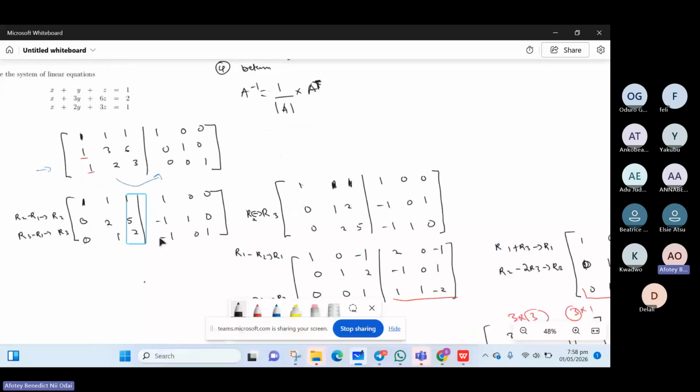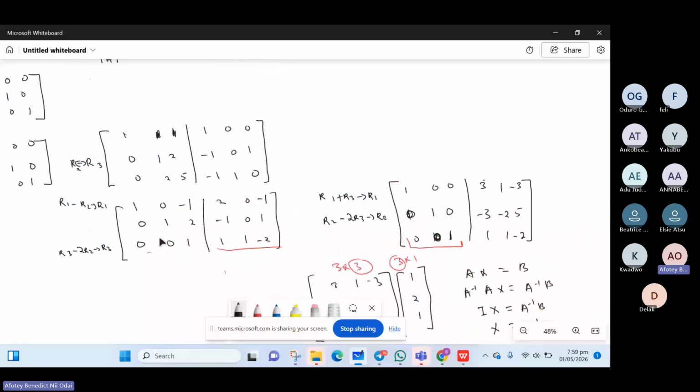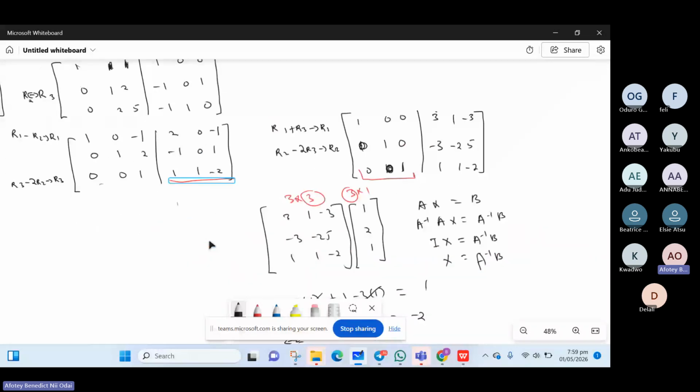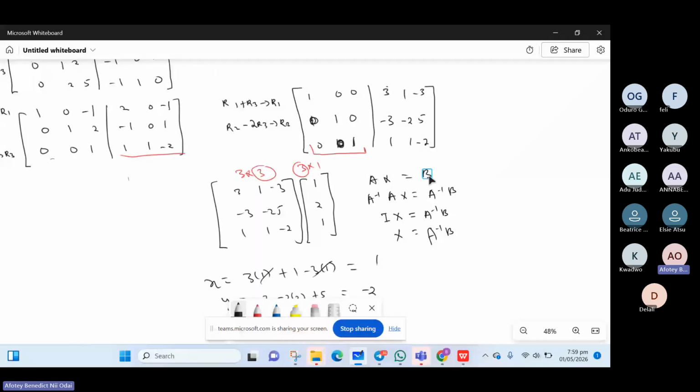So once we do that computation, we gradually end up getting an inverse on the right-hand side as well. Now, with this, we know that AX is equal to B. We can find the inverse of both sides. So to find a particular value, we only have to multiply the inverse with the values that we've been given on the far right.